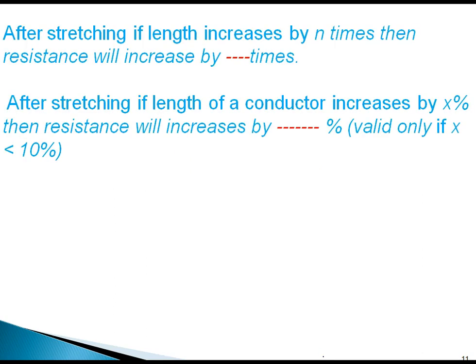Okay, now I am asking one question. Firstly, you pause the video and solve yourself. Suppose I say initial resistance is R1 and we increase the length by n times by stretching.